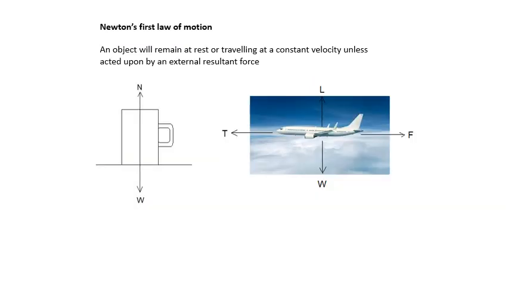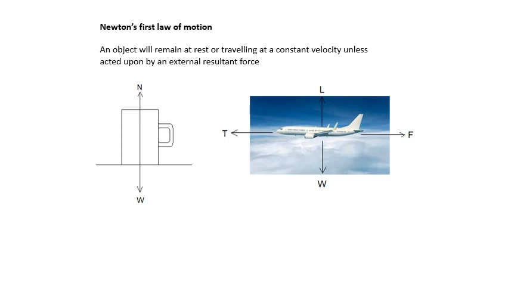Now, Newton's first law: an object will remain at rest or traveling at a constant velocity unless acted upon by an external resultant force. So the cup on the left, there's two forces acting on it which cancel out, so there's no resultant external force, and it's at rest.